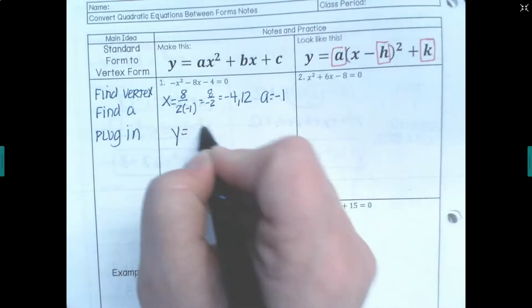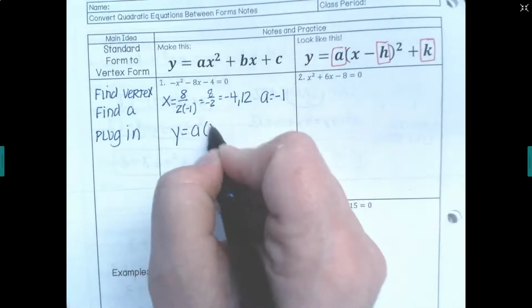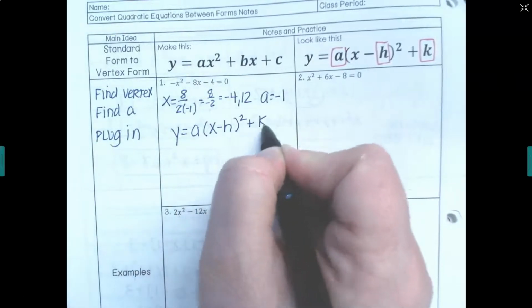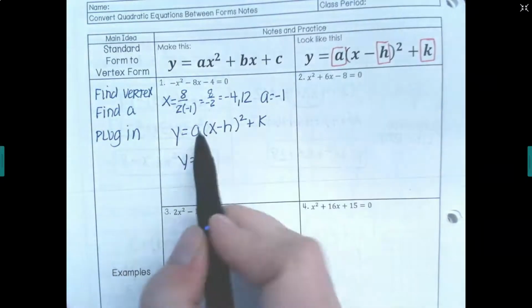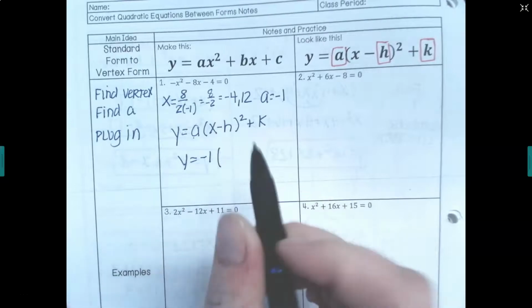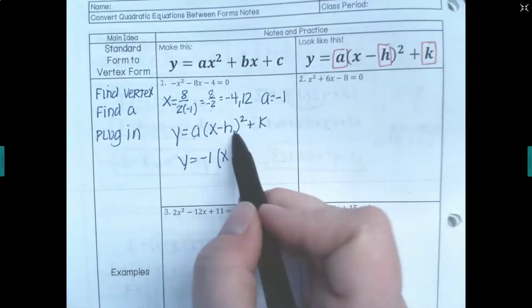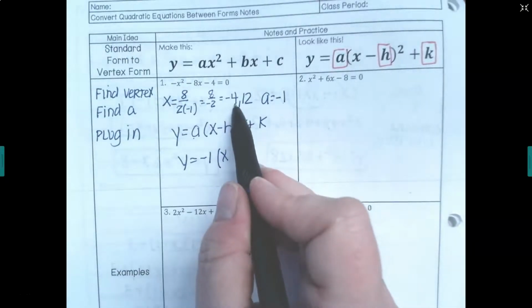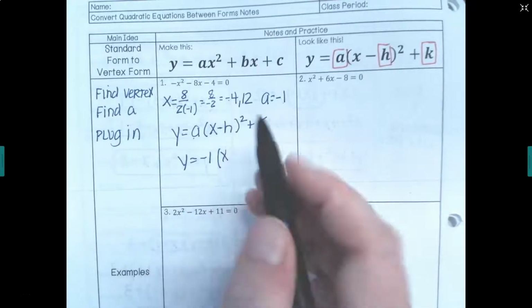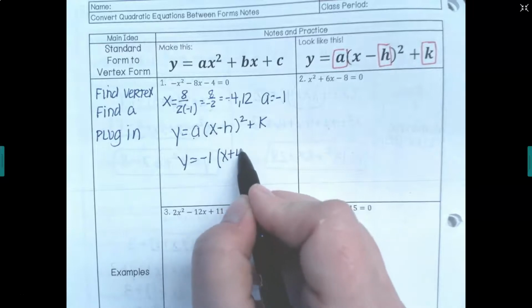So what we're going to do is take this information and plug this in. So here's the vertex form like this. Okay, so I'm going to plug in A is -1, so I'm going to put a -1 there. Parenthesis. X, now H is the X value of the vertex. So it's X minus -4. So it's got to become X plus 4.